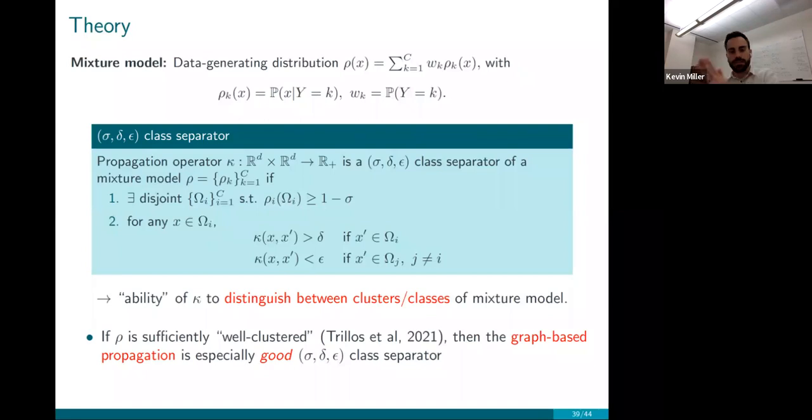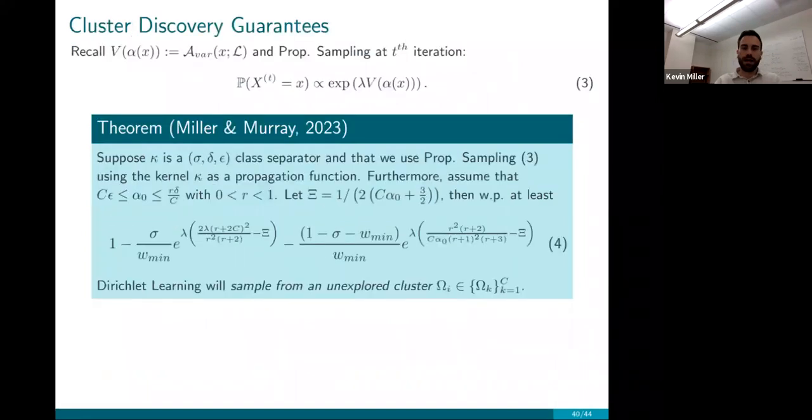Whereas they're analyzing the continuum limit of spectral clustering, we can use this type of well-clustered mixture model to show that graph-based propagation operators that correspond to the continuum limit of these graph-Gaussian propagations are an especially good sigma delta epsilon class separator of that well-clustered rho. We're able to give guarantees from that, but maybe Matt, I think I'll stop right there to leave time for some questions. I apologize.